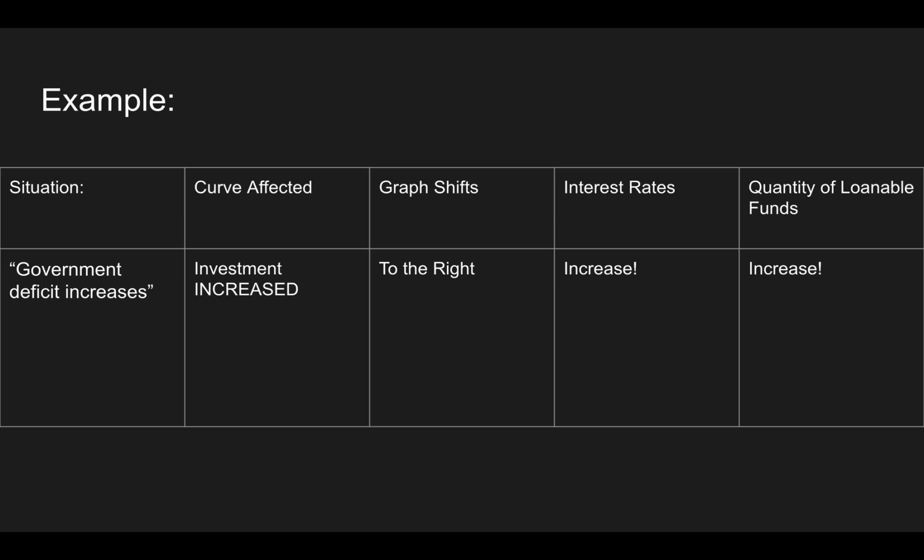So it obviously shifts to the right because it's increasing, and then this also makes interest rates and the quantity of loanable funds, both of these increase, because this is just what increasing the demand curve does.